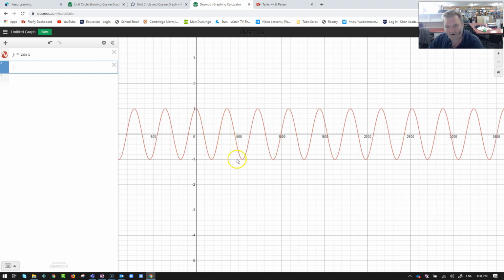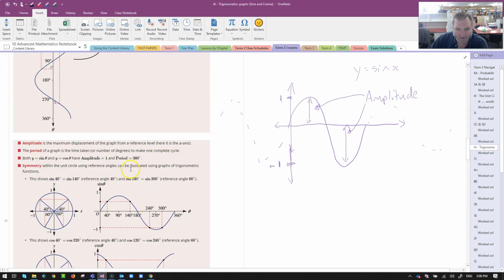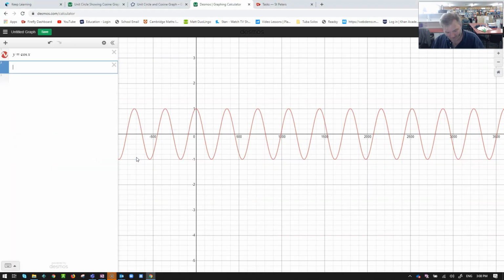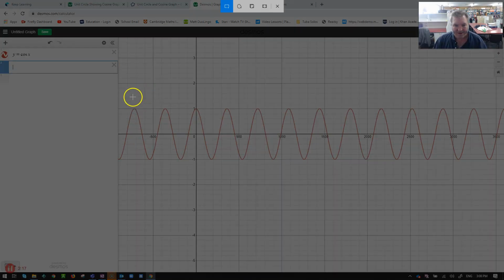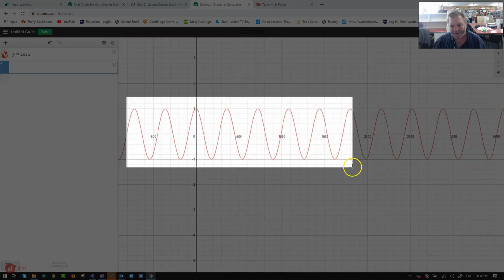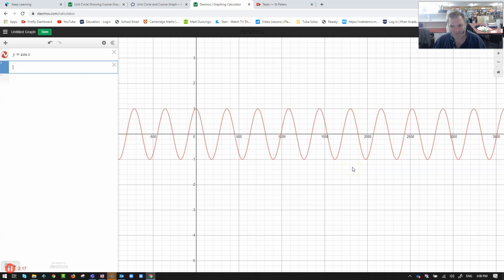The length of a period is the difference between when the cycle starts and when it starts repeating. So if I'm measuring in degrees, a period is going to be 360 degrees, because it's 360 degrees until we start the cycle again. I might even snip one of those out and put that into our OneNote. Why don't I do that?